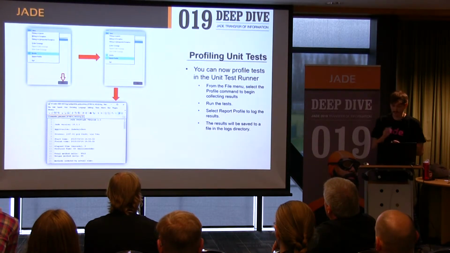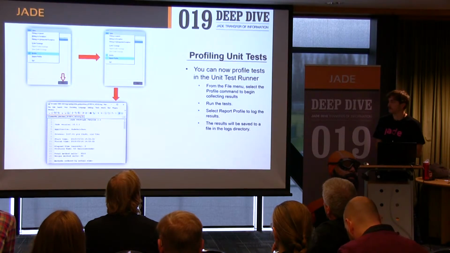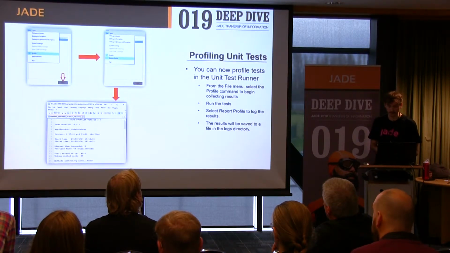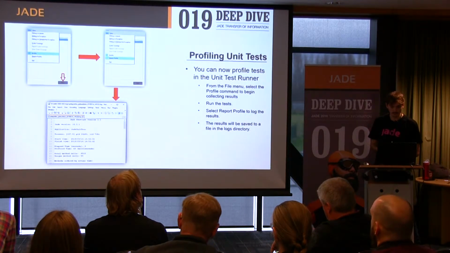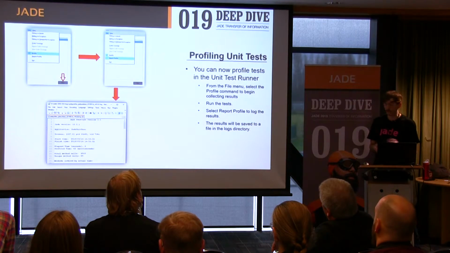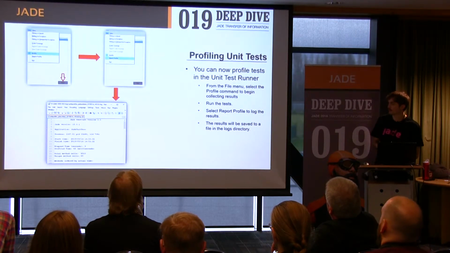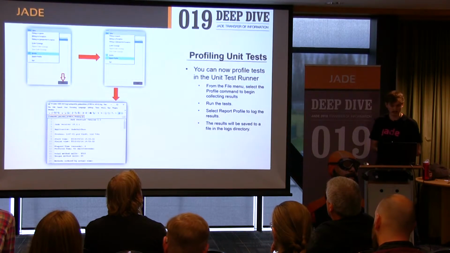So now we have the ability to method profile in both batch and GUI versions of the unit test runner. In the runner, it's performed in a similar way to code coverage. To activate it, you go to the drop-down menu and select profile, then run the one or more tests that you wish to profile, and then select report profile to output the results.